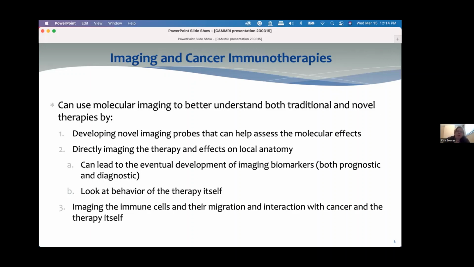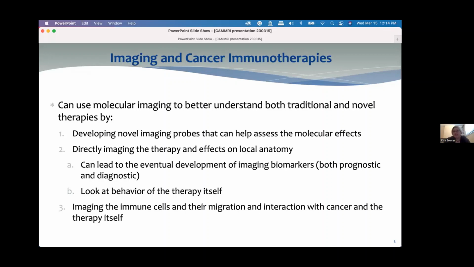So with both MRI, PET, and things like this, these are all the people that are looking at really interesting and new probes that can help assess molecular effects. I'm not going to discuss that one in this talk. We don't do a lot of that, although we are planning to do more in the future. I'm going to talk mostly about number 2 and 3. So number 2 is actually directly imaging the therapy and the effects that this therapy has on local anatomy.